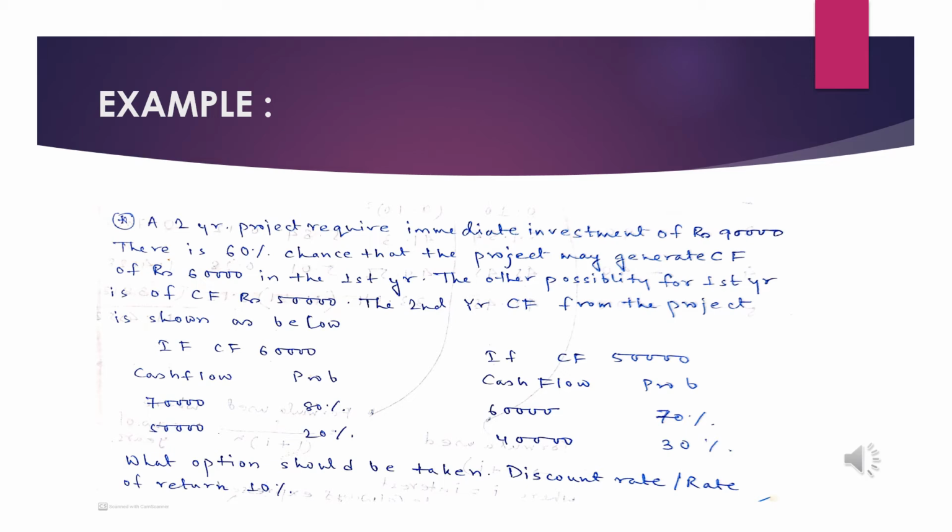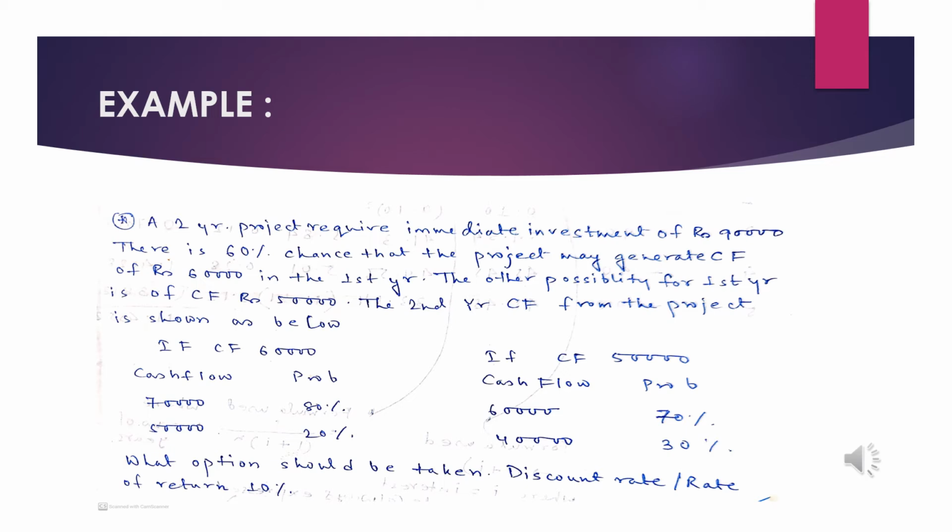Moving on to another example of a decision tree. This is a 2-year project that requires an immediate investment of rupees 90,000. There is a 60% chance that the project may generate a cash flow of rupees 60,000 in the first year. The other possibility for the first year is a cash flow of 50,000.